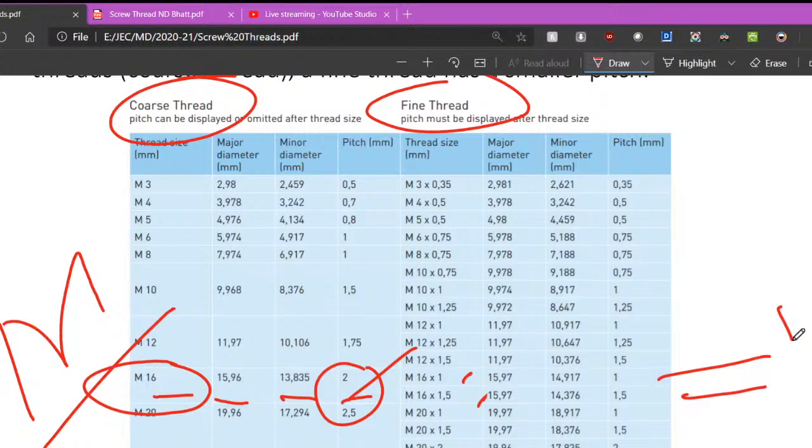Fine threads are generally used when you need greater accuracy, and you have to adjust the part over a very small length. So you need fine thread. It means there are more threads per length. That's why you see pitch value 1 here and 2 here.